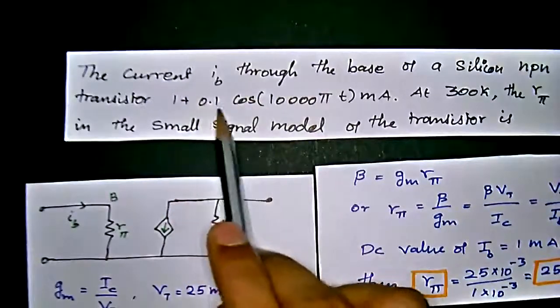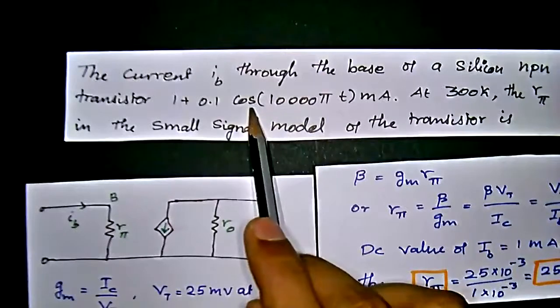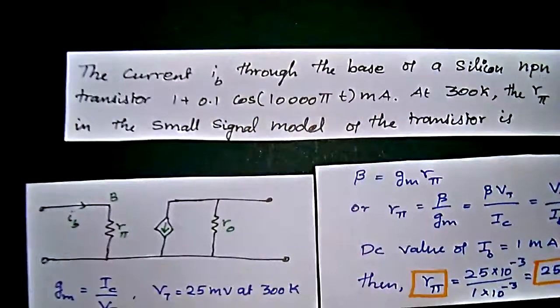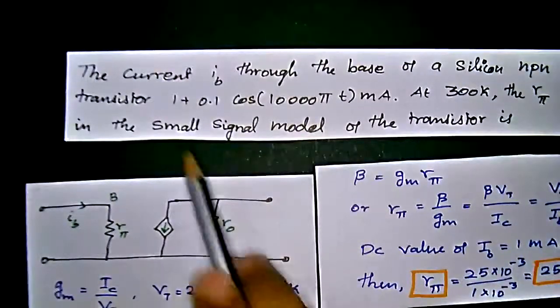This 0.1 into cos of some terms is the fluctuation around the current value, which we call the AC current. So the DC value of IB is 1 milliamp, as given here.